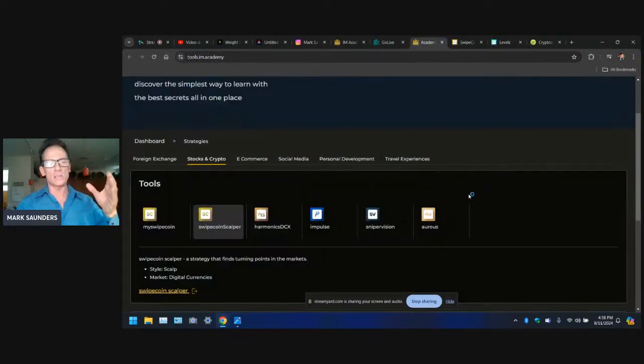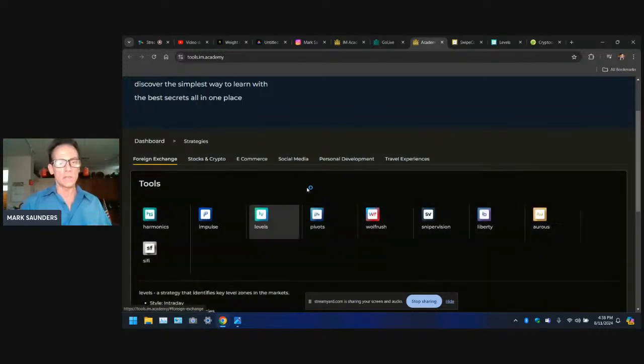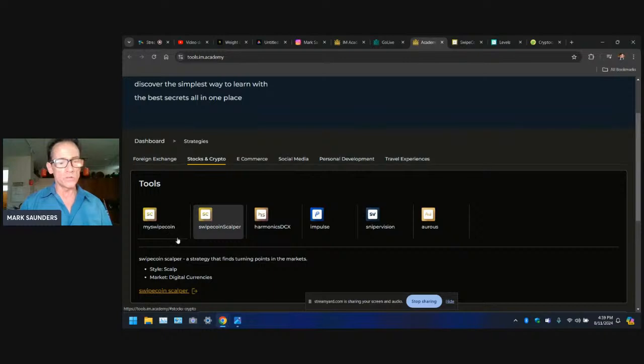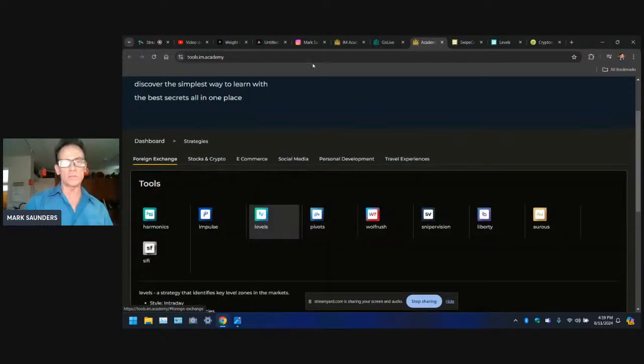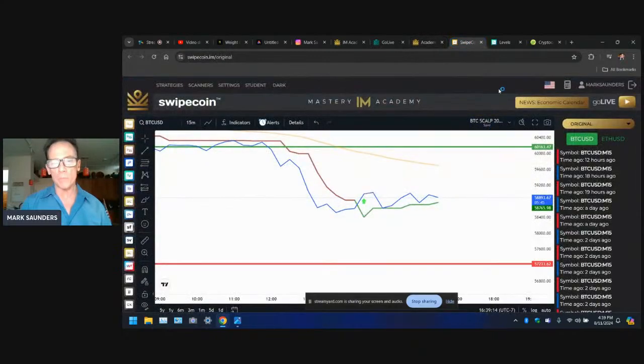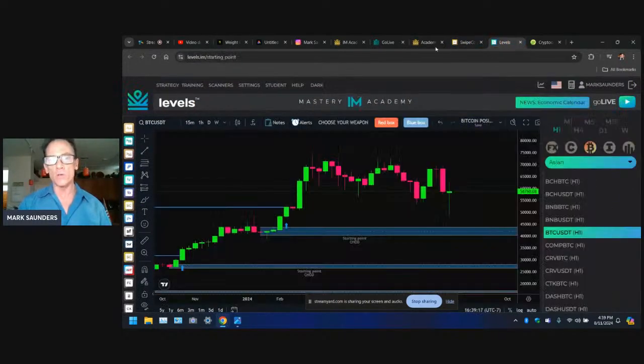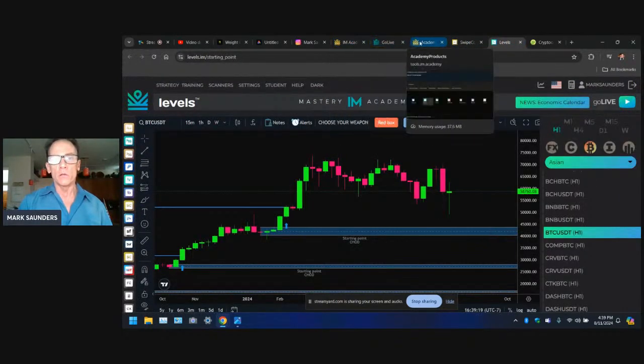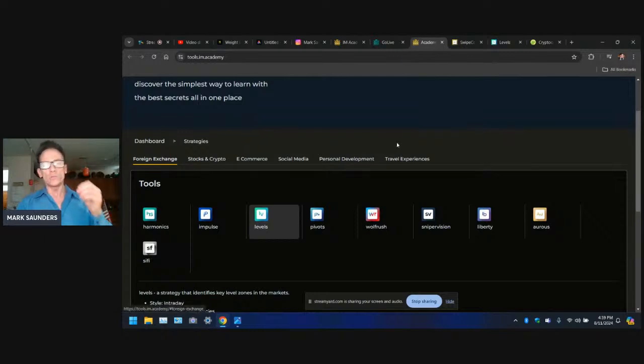In the stocks and crypto department, we have 6 of those tools, and in the foreign exchange department, we have another 9 AI-driven tools. What you see here is the Swipecoin scalper and levels, 2 of the artificial intelligence-driven strategies that we have.